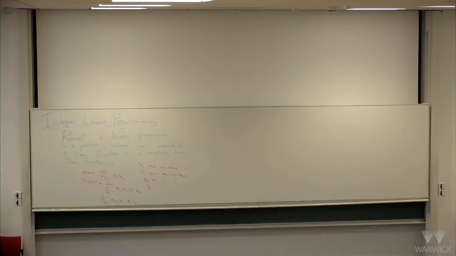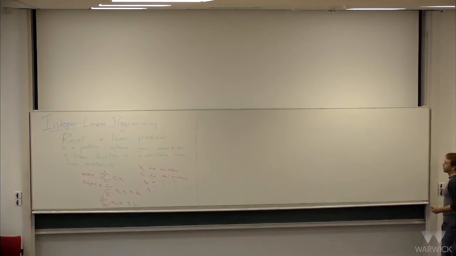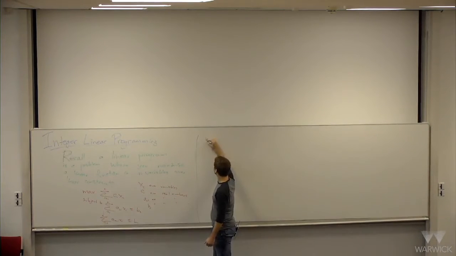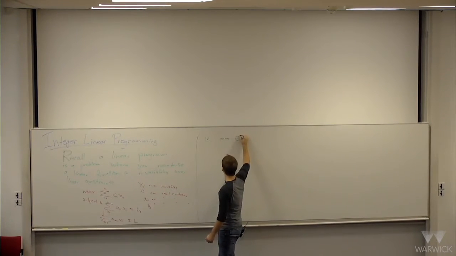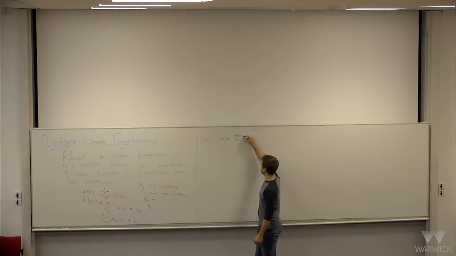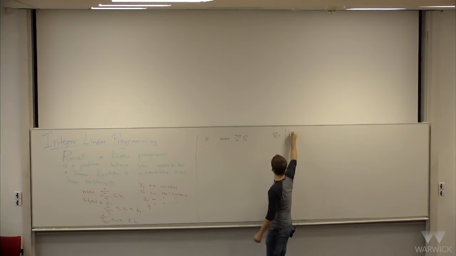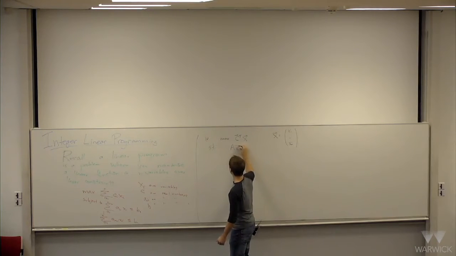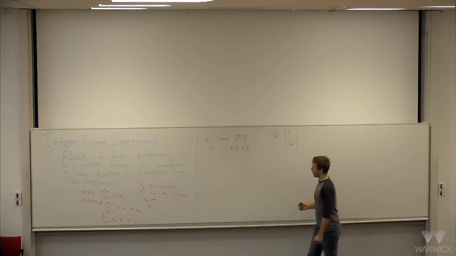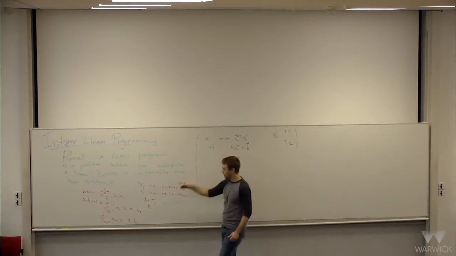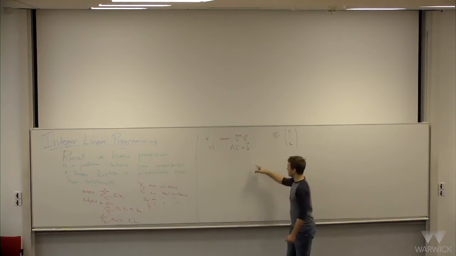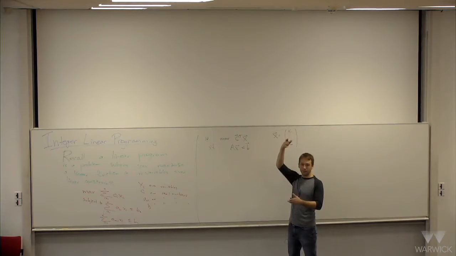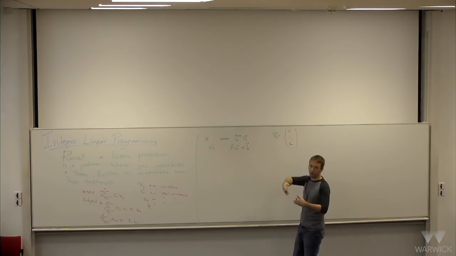And this is a cumbersome way of writing it, so we usually wrote this in matrix form. In other words, we wrote it like this: maximize some vector c transpose times x, where x is the column vector x_1 up to x_n, subject to the constraint Ax at most b, where A is the matrix that contains these a_ij's, and b is the vector which has the b_j's in a column, right?